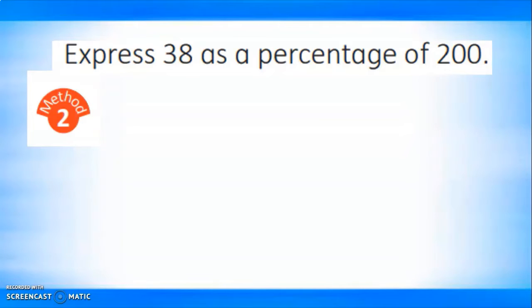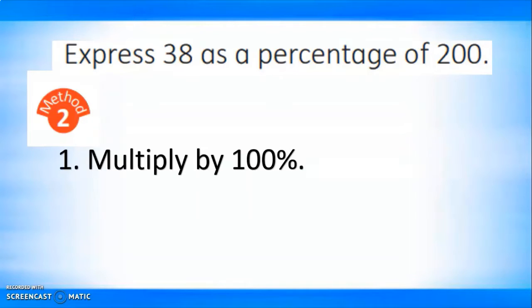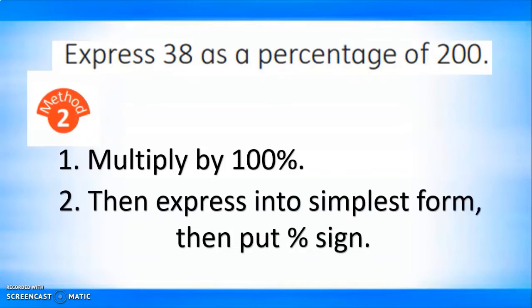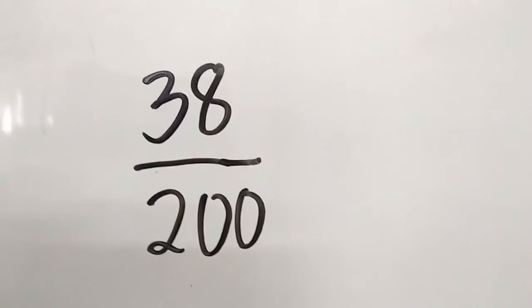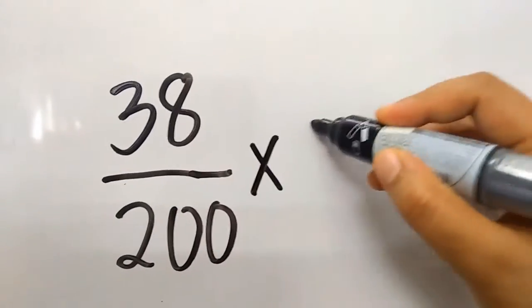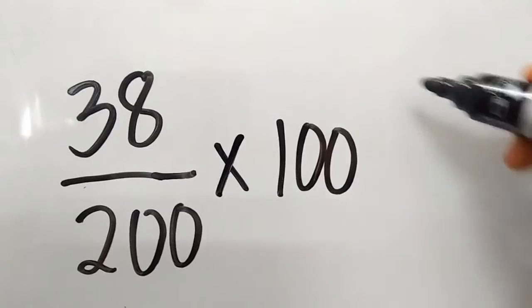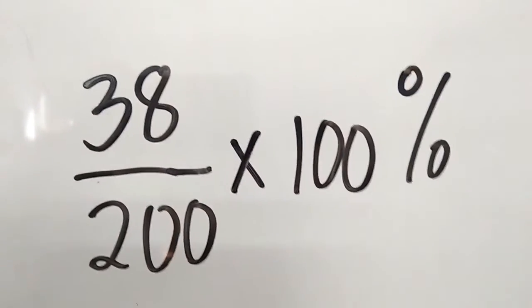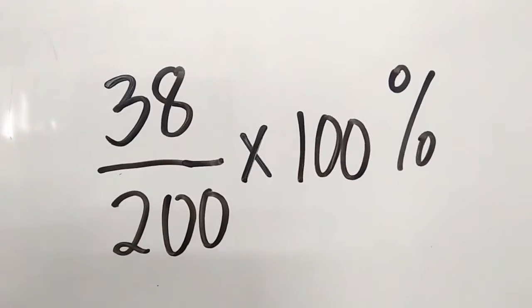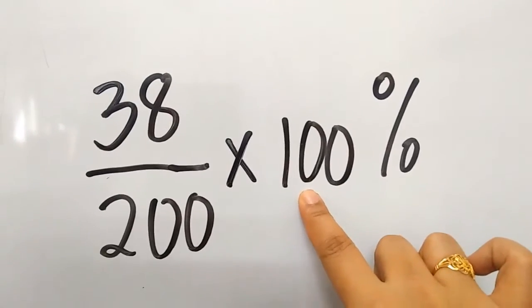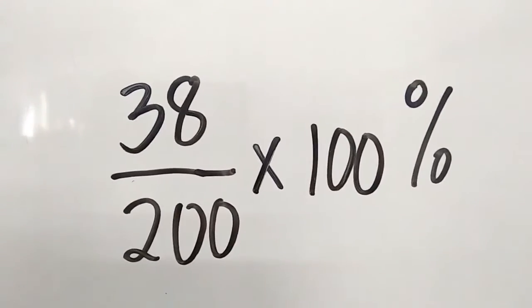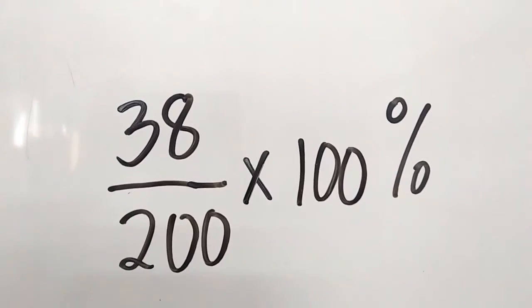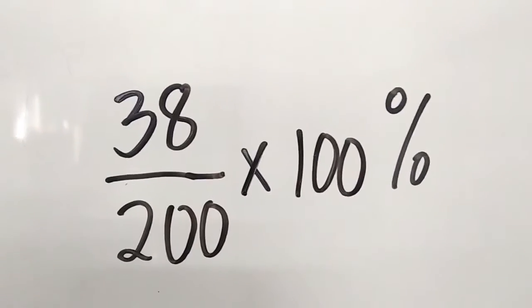Second method, we're going to multiply by 100%. Then express into simplest form, then put the percent sign. This is the working for this method too. We're going to multiply by 100%. If we're going to multiply this by 100, as you can see, we can simplify 100 and 200. We're going to divide them by 100. Very good.